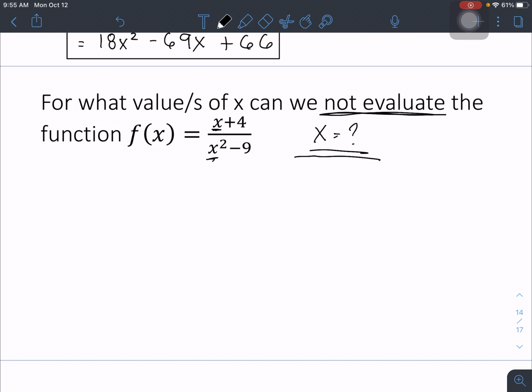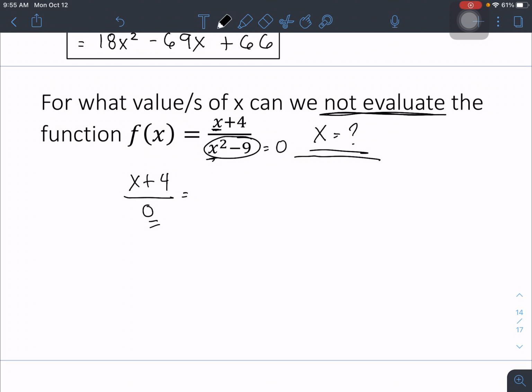One case that I easily think of is if the denominator will be equal to 0, because any number you divide by 0 you cannot define. You cannot define the answer. You cannot evaluate the function if the denominator will be equal to 0.